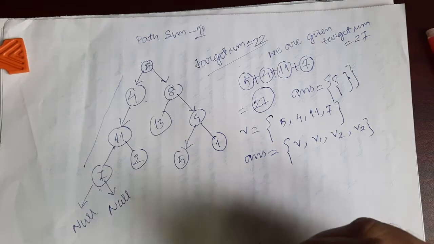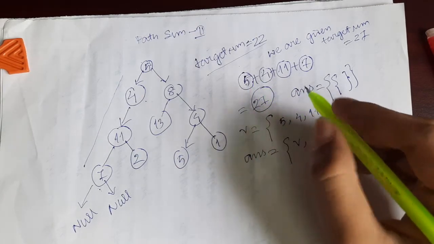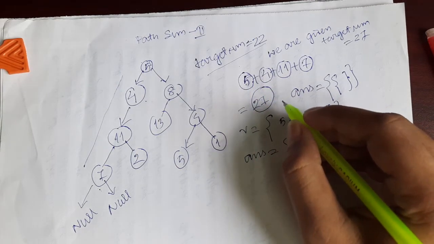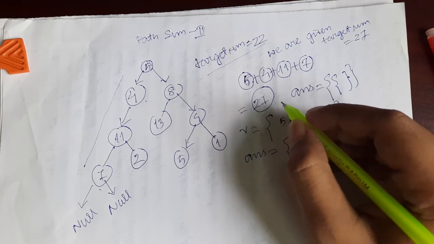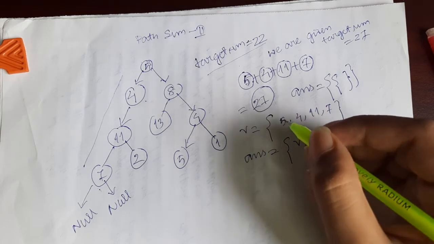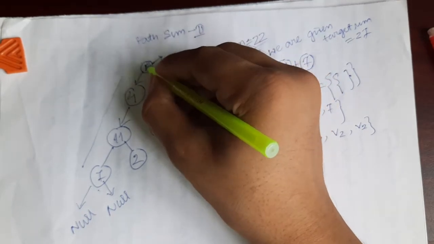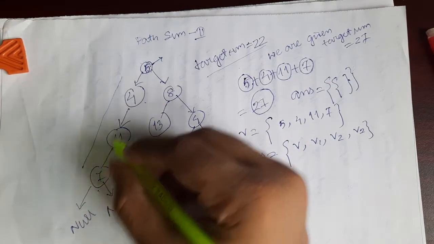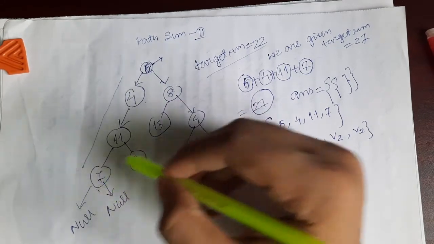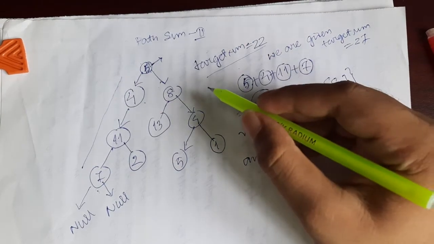As we can observe, the elements in the vector will be in integer form, not in tree node or any type of pointer. So for that we need the value of that node. So what can be the way to select that? Okay, this is a path that is satisfying this condition. This is the path that is not satisfying the condition. So what can be the way?